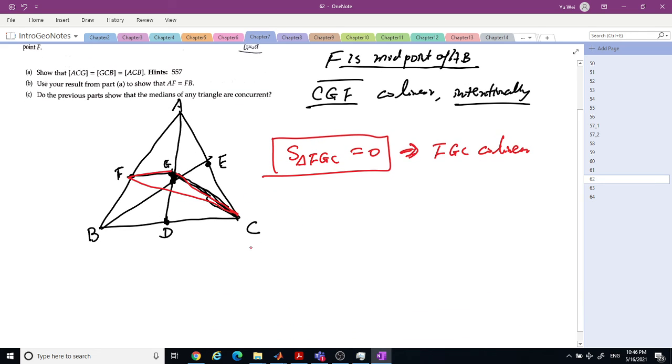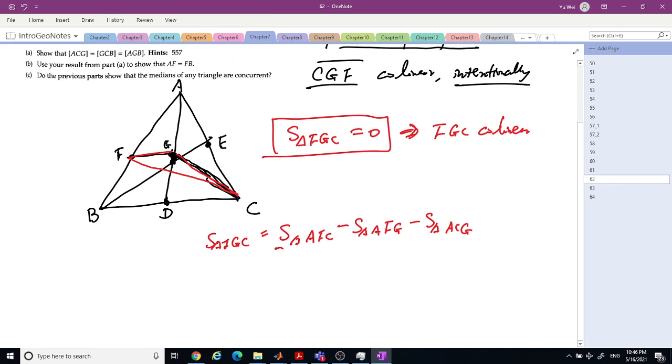So we can see the area of triangle FGC is equal to the triangle AFC minus the triangle AFG minus the triangle ACG, right? Let's calculate all of these in terms of the triangle ABC.